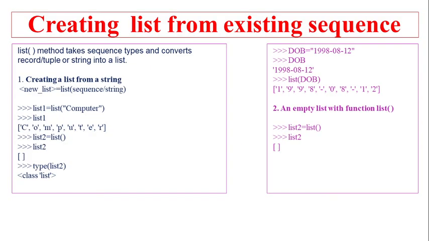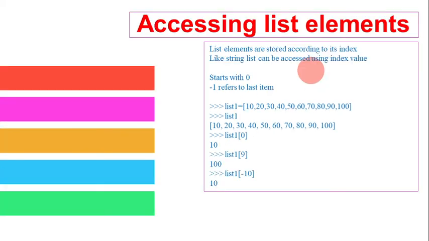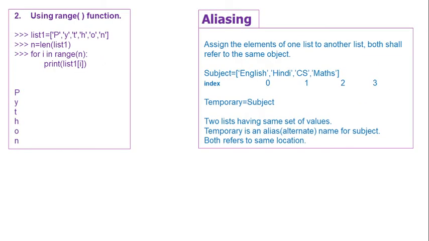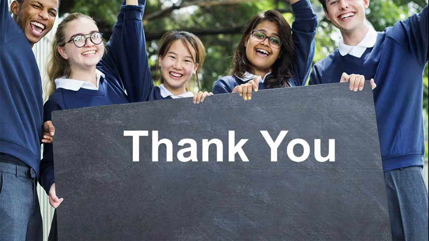We have seen some examples: creating a list from a string, an empty list, then the user input function, then an existing list, then accessing elements using the concept of index or subscript, then traversing using the in operator and of course the range function, then aliasing, giving another name, then finally comparing lists. So these are the topics for the day, and of course you have to go through all these topics in detail, and have more practice on the theory as well as the practical.